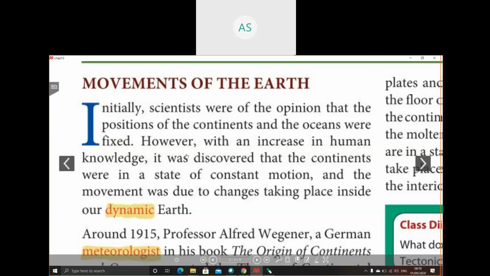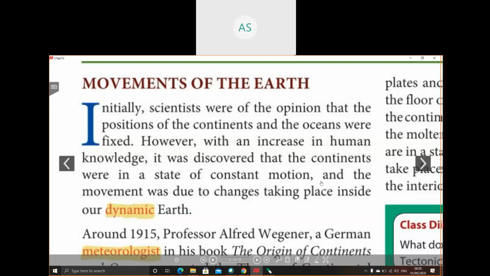However, with an increase in human knowledge, it was discovered that the continents were in a state of constant motion. So after the first half, it was defined and proven that all the continents are moving in constant motion.